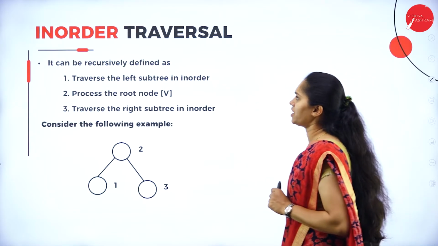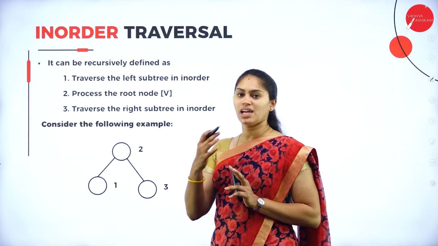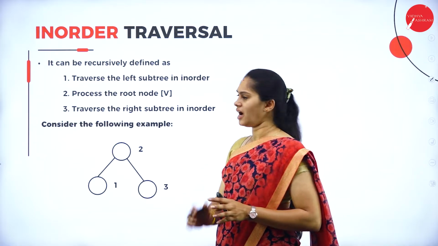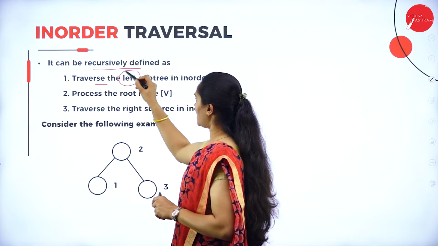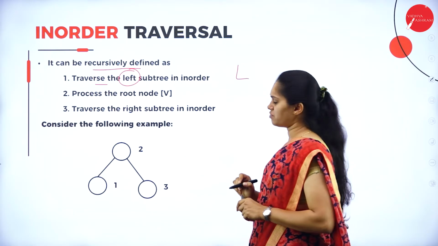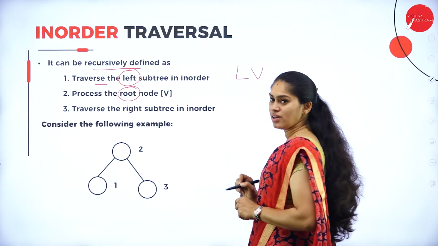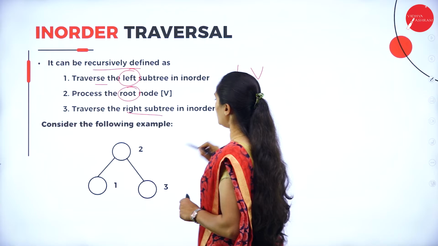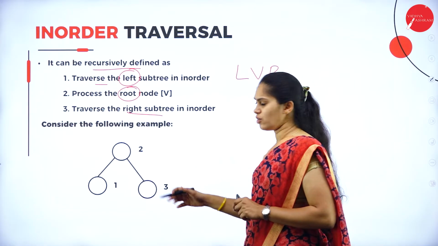In the same way, we have in-order. In in-order, we have V in between the left subtree and right subtree. It can be recursively defined as: traverse the left subtree first, then process the root node V, then traverse the right subtree, L, V, R. Then how will the order be here?